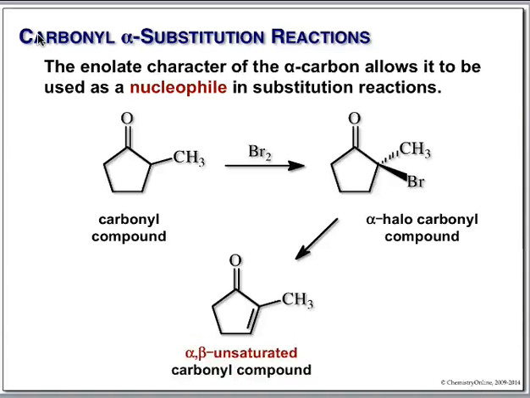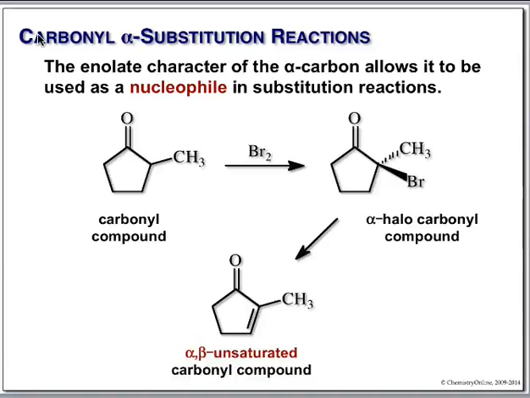Now that's useful because we know lots of chemistry of alkenes. We also know we can do Michael-style additions down here at the beta position and elaborate this into almost anything we want. So it's a very useful sequence: alpha substitution and elimination.